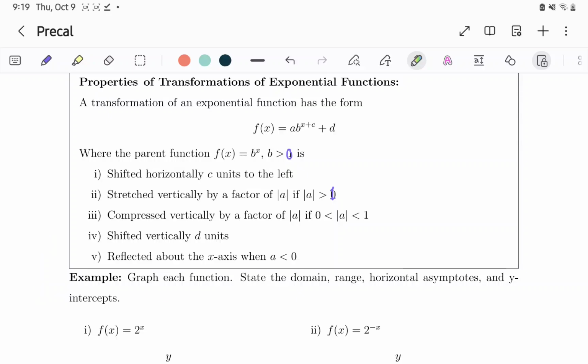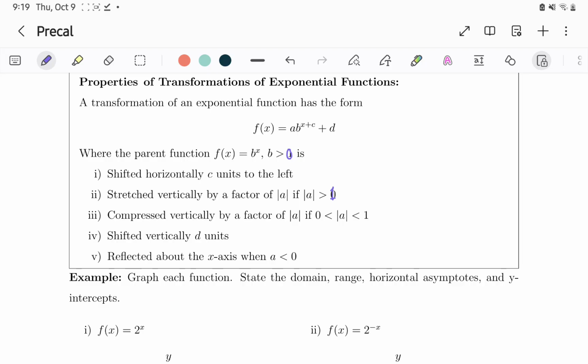In each of these examples, we are asked to graph each function, state the domain, range, horizontal asymptotes, and y-intercepts. Since we are dealing with exponential functions in all of these examples, the domain for all of the examples is going to be from minus infinity to infinity.